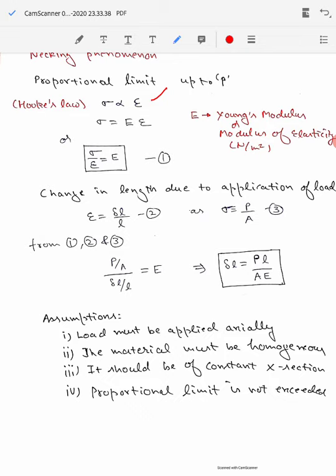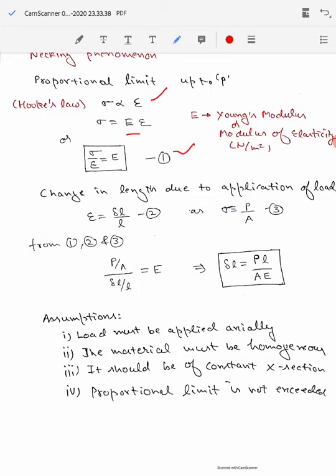Using equations 2 and 3 in equation 1, we can get the equation delta L is equal to P into L divided by A into E. So delta L is the change in the length of the body. We can see this change in length is directly proportional to the applied load P and the original length of the body L, and it is inversely proportional to the cross-section area and the Young's modulus of the body.